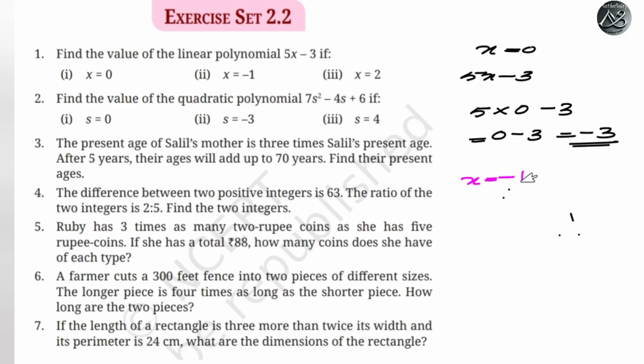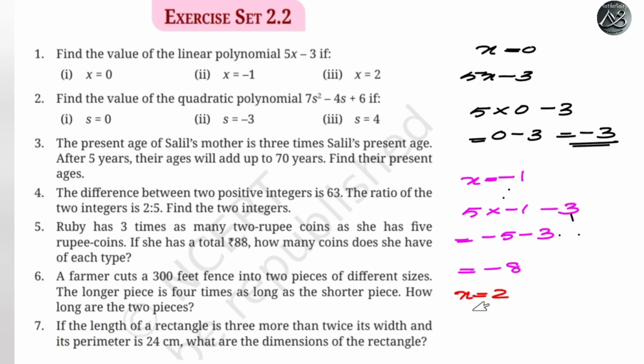At x equal to negative 1, the value of 5x minus 3 is 5 into negative 1 minus 3. That is 5 into negative 1 is negative 5, minus 3. Negative 5 minus 3 is negative 8. So the value of the polynomial at x equal to negative 1 is negative 8.